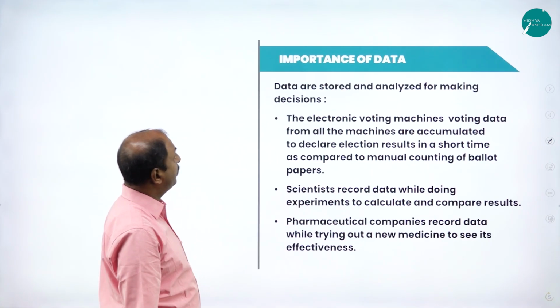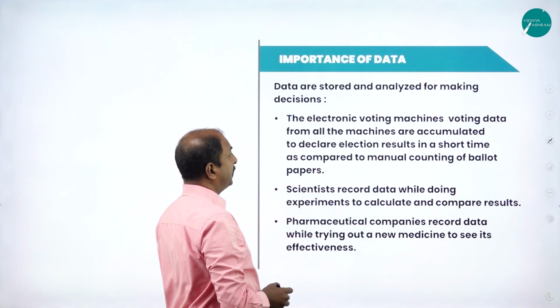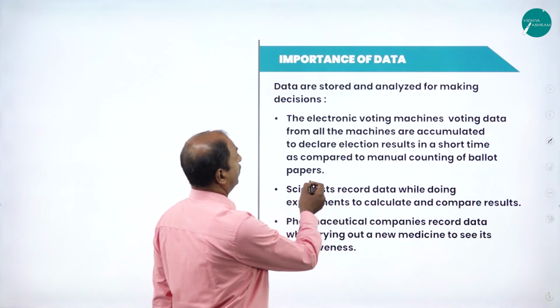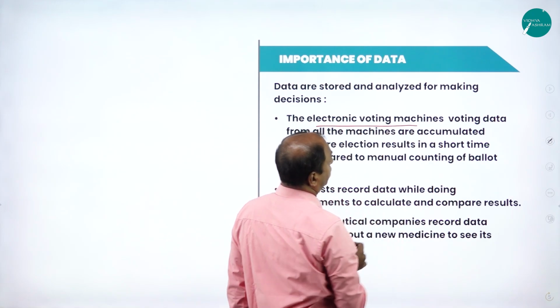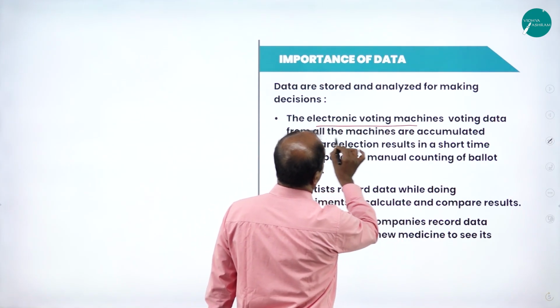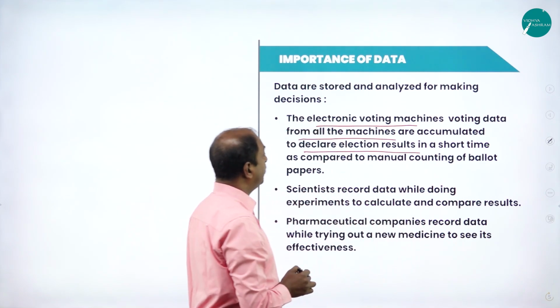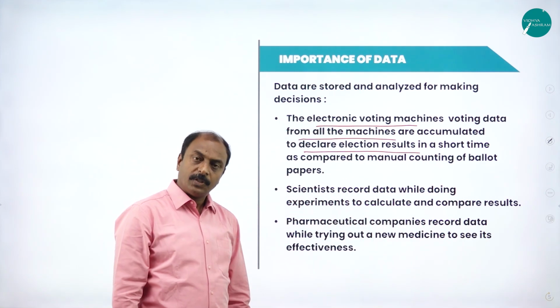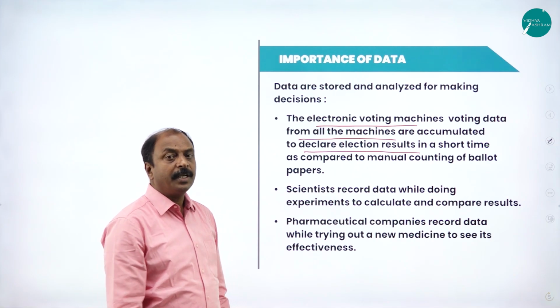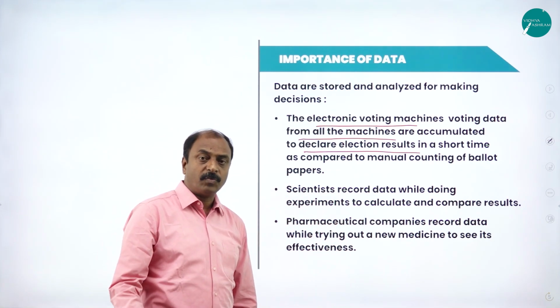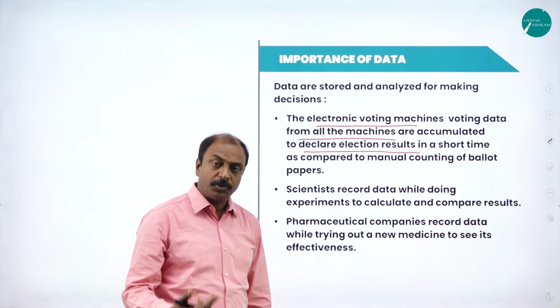Now in the next slide we will see the importance of data, and here we can see some more examples. Electronic voting machines: voting data from all the machines is accumulated to declare the election result. It is also an example of data. All of you know nowadays we are using the EVM system, electronic voting machines, for casting our vote, in each and every constituency.